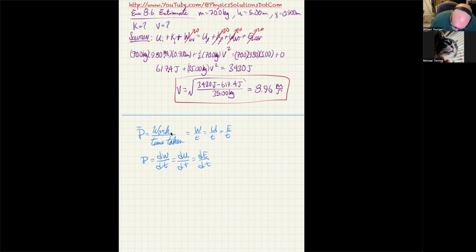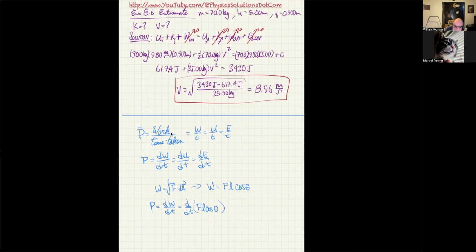And in fact, if you consider that work is equal to the integral of F dot dL, for a constant force acting at a particular constant angle, work is equal to F times L times cosine of the angle between them. Then, since the force is constant, power, which is dW/dt instantaneously, would be d/dt of F L cosine theta.